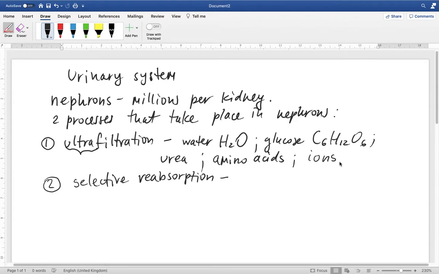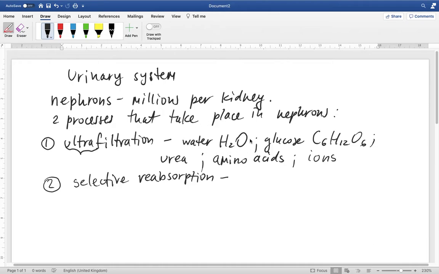Maybe I ate a particular diet and I have too much of one particular kind of ion and I don't need it, or more than one particular kind of ion. So your kidneys are going to decide, in inverted commas, how much of each type of ion to keep, because you might need that at this particular point in time for these different processes, and how much of these ions are in excess and therefore you can afford to lose them.